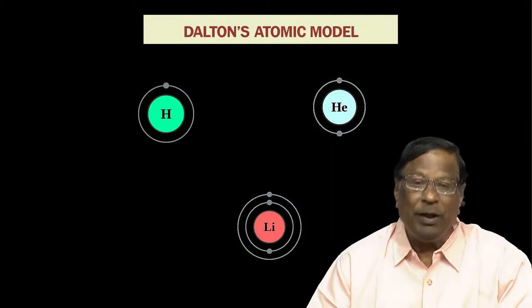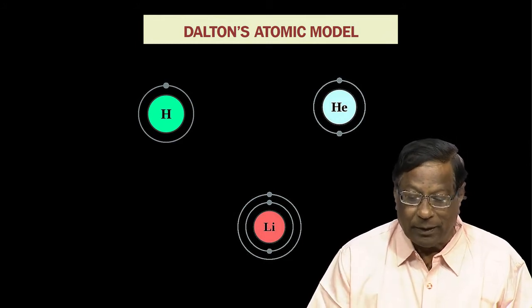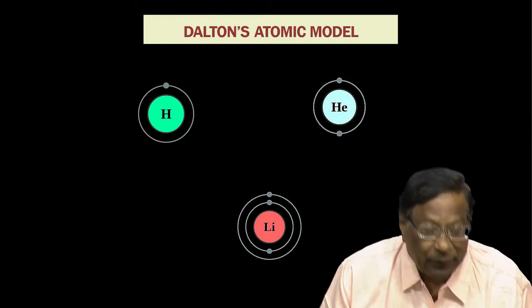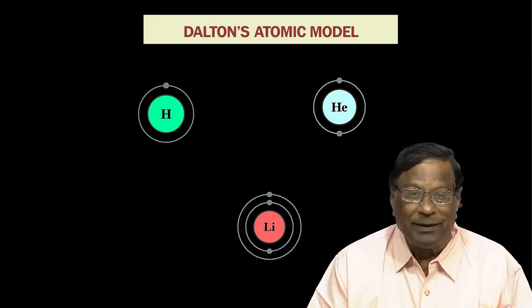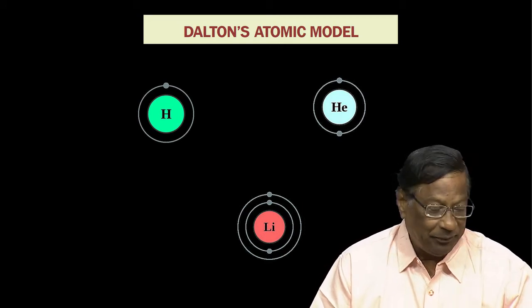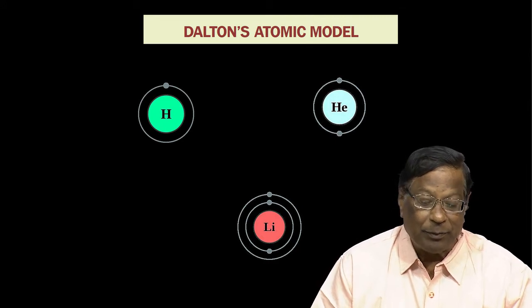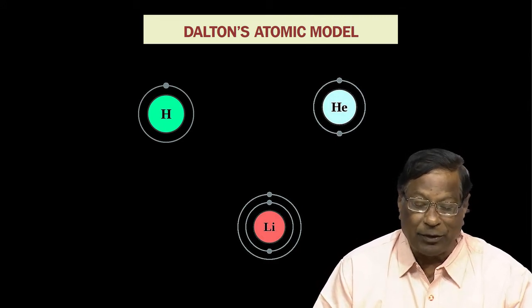So, according to Dalton's atomic model, this is how it should look. For example, we have hydrogen here, and a hydrogen atom is made up of 1 proton and 1 electron.